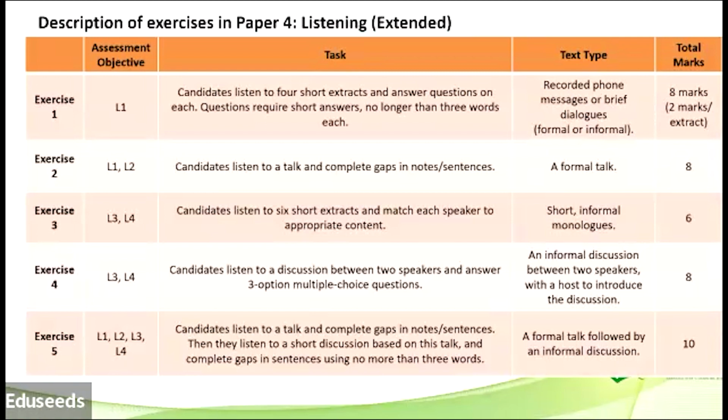For exercise 5, candidates listen to a talk and complete gaps in notes and sentences, similar to exercise 2. And then they will listen to a short discussion based on this talk and complete gaps in sentences using no more than 3 words. This, unlike exercise 4, is a formal talk, followed by an informal discussion. Marks allotted for exercise 5, 10 marks.